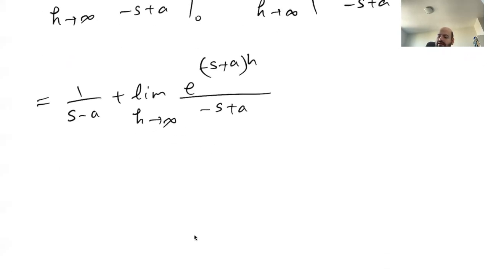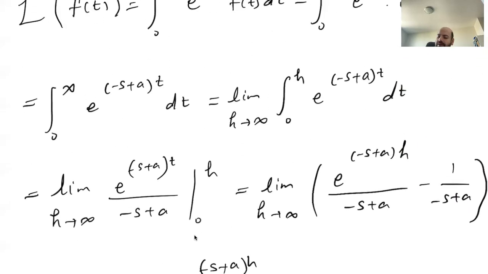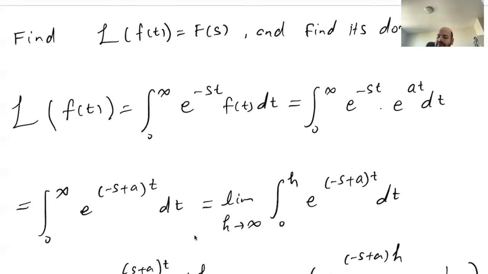Now again, similar to before, I can consider different cases. If s is equal to a, what happens? In the original expression, if s equals a, then e to the power minus at times e to the power at will be 1. And the integral of 1 dt from 0 to infinity, we just saw in the previous example, is divergent.